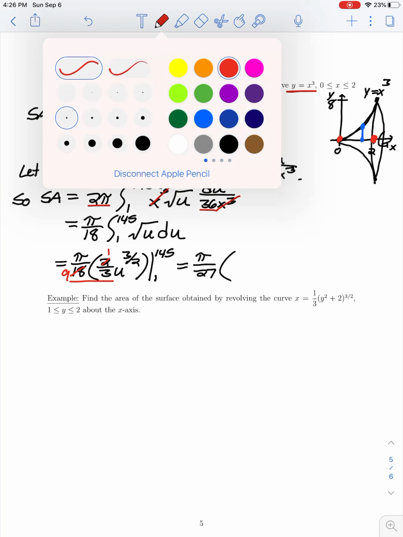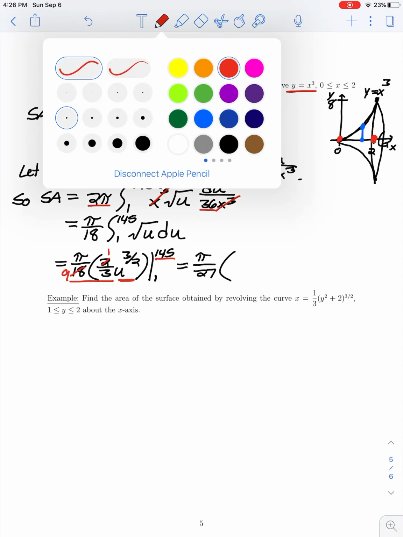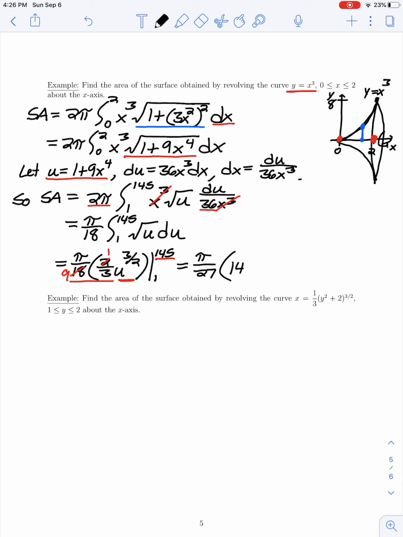And then when I evaluate this antiderivative, u to the 3/2, or u times the square root of u, at the upper limit, 145, I have 145 to the 3/2 power, or 145 times the square root of 145, minus the value I get when I substitute u equals 1 into the antiderivative, which would be 1 to the 3/2, or 1. So this expression would give me the surface area of that surface of revolution that we were considering here.